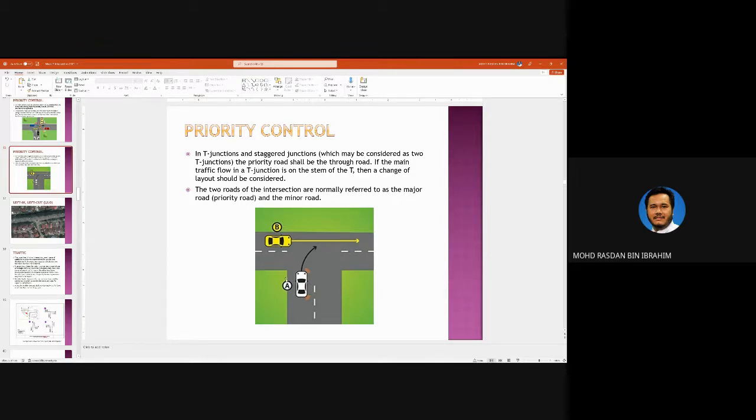Meaning that you need to make sure that the speed here before it joins the smaller road is reduced significantly. So the two roads of the intersection are normally referred to as major and minor road.